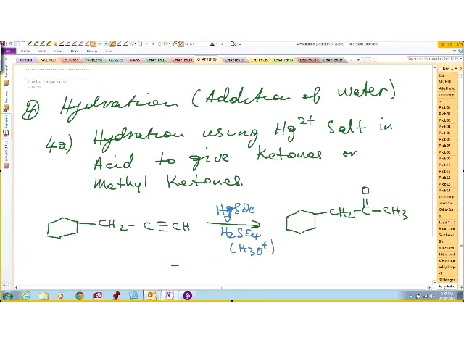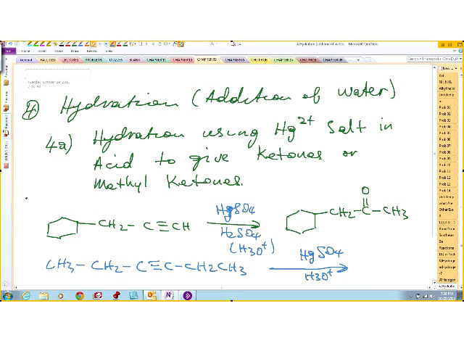On the other hand, if you have an internal alkyne, in other words, the alkyne is within the carbon chain, and you have mercury sulfate in dilute acid, any one of these carbons here could become the carbonyl carbon.